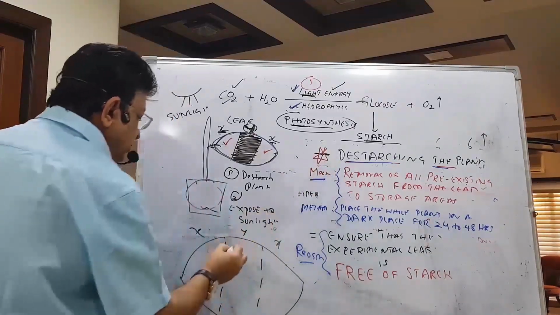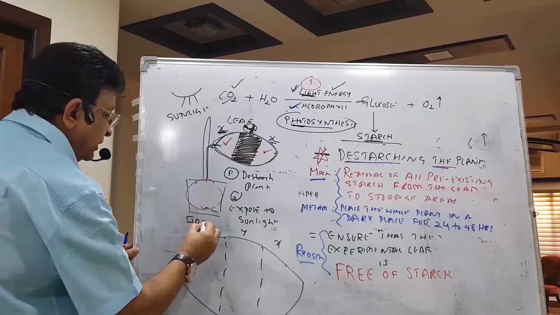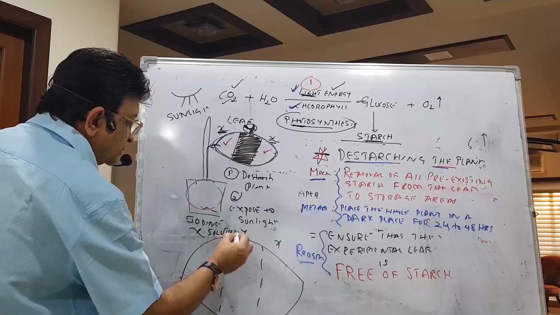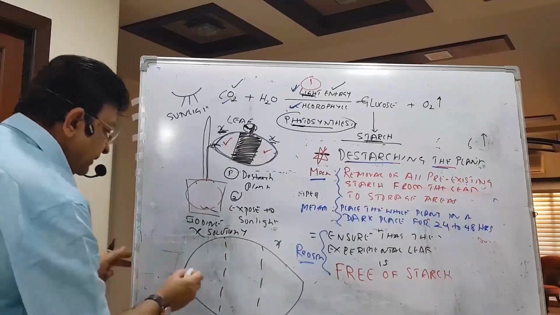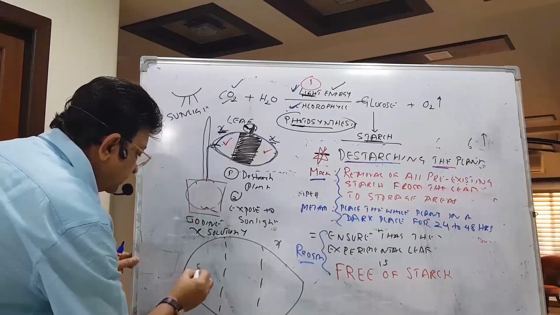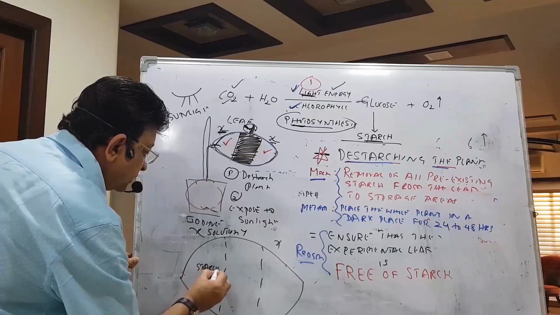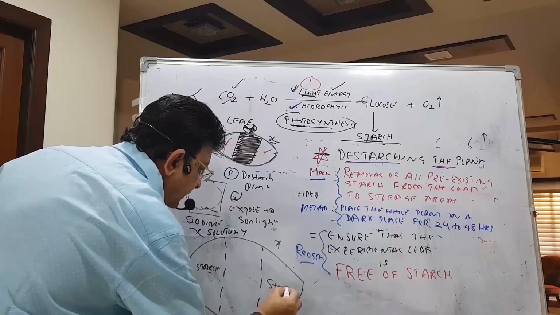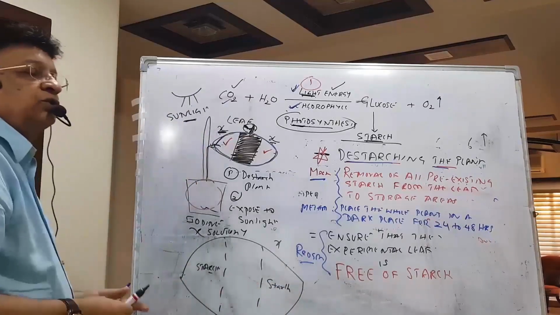I now add iodine solution. When I add iodine solution, obviously I expect that here there is starch formed in the presence of light. In the area marked X there is starch and here there is no starch.